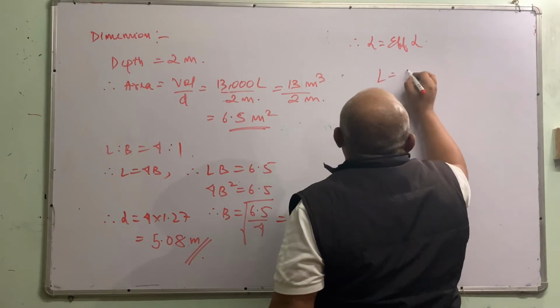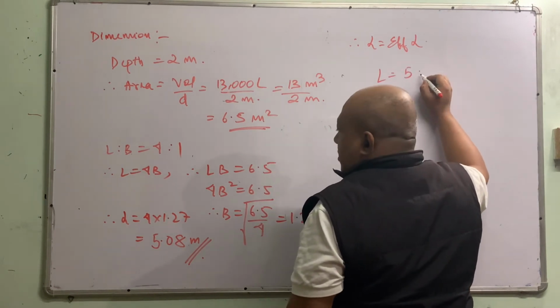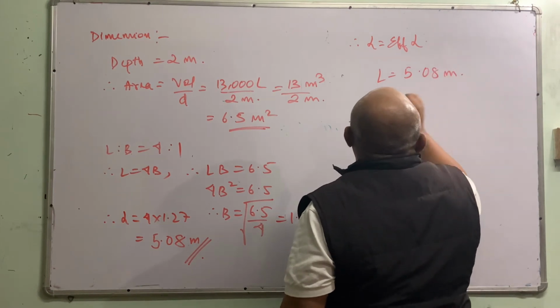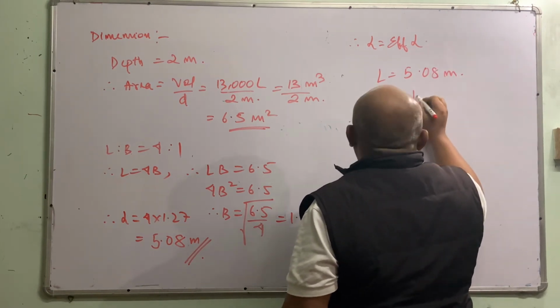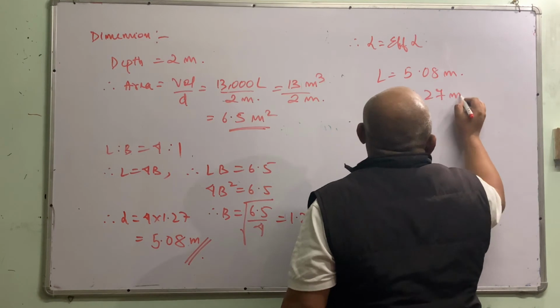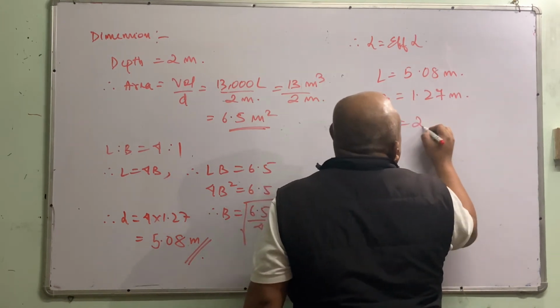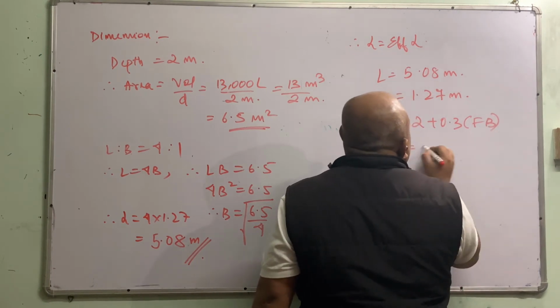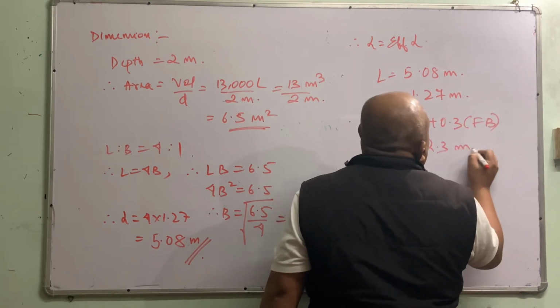Therefore, L is equal to 5.08 meter. Breadth is equal to 1.27 meter. Depth is equal to 2 plus 0.3 for the freeboard, that is 2.3 meter. Finished.